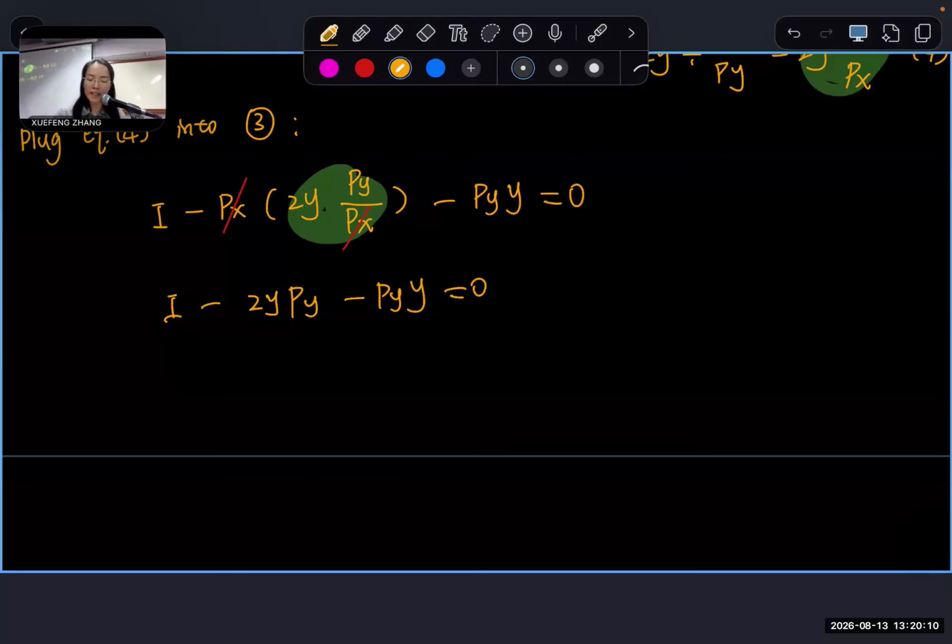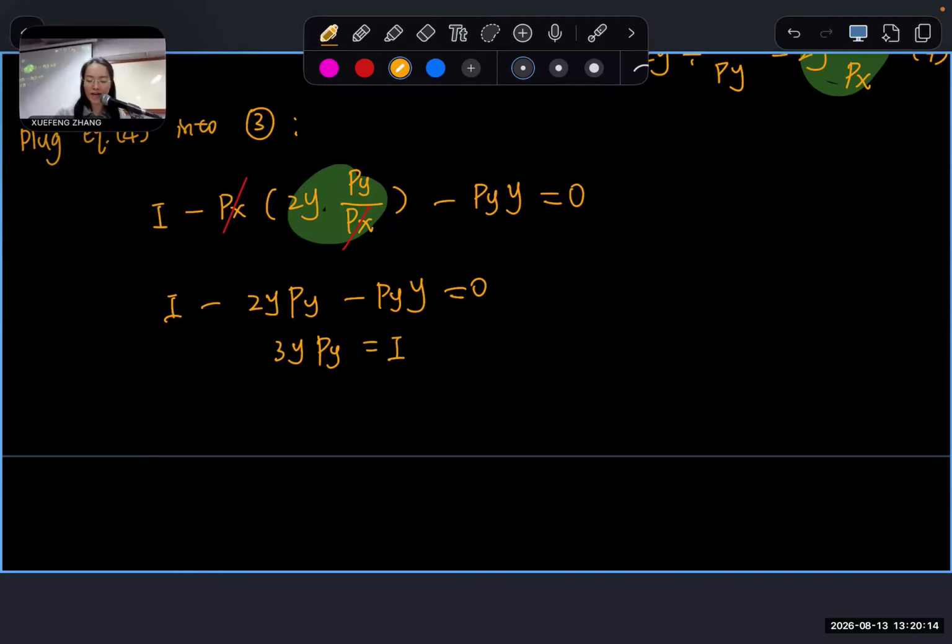So basically here, just 3y py equal I. So what is y? Y star, this is our Marshallian demand for y. Y star equal I over 3py. Okay? This is Marshallian demand for y.